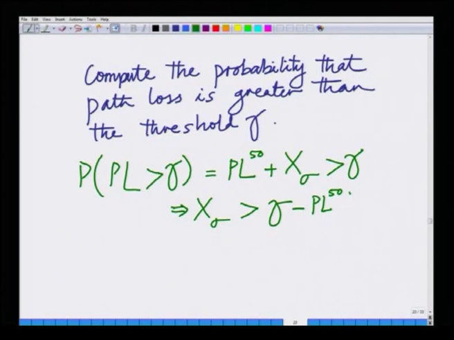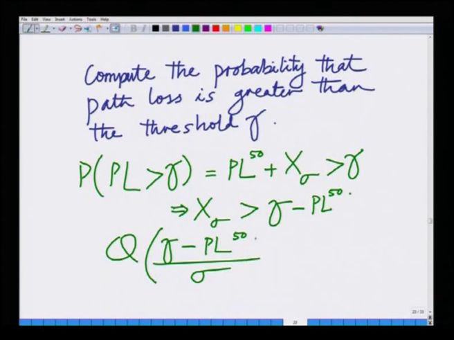And remember, x sigma is a Gaussian random variable with standard deviation sigma, variance sigma square. Hence, this probability that x sigma is greater than gamma minus PL 50 is nothing but Q of gamma minus PL 50 divided by sigma.